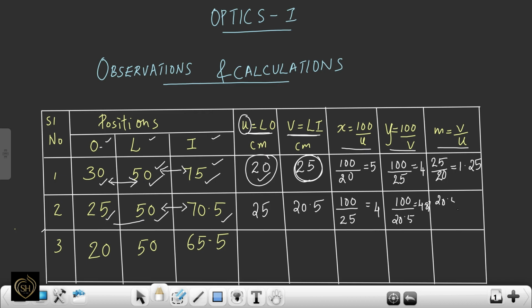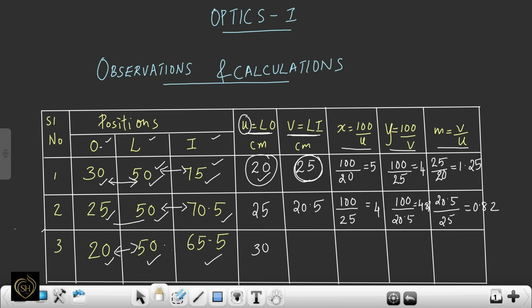V is 20.5 by U is 25. The answer is 0.82. Then the final observation: object pin at 20, lens at 50 and image pin at 65.5. Therefore the object distance U, the distance between lens and object pin, is 30.